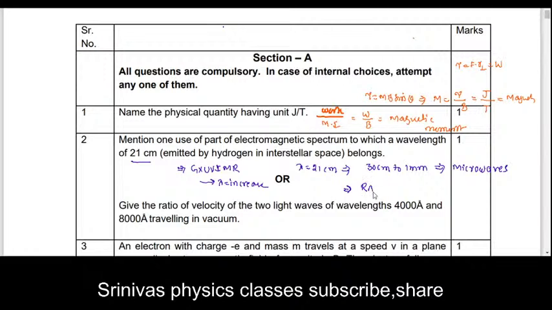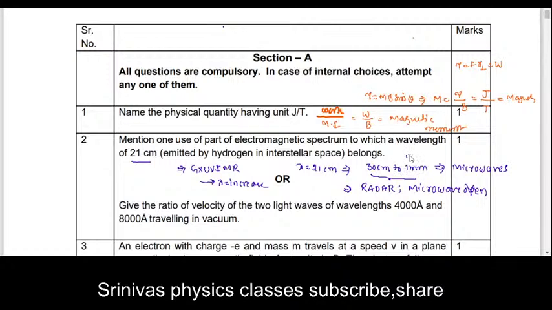Radars, and we also use them in microwave ovens. This is the correct answer. They are asking about 21 centimeter wavelength radiation, and 21 centimeter wavelength will come in this range. This is 30 centimeters to 10 to the power of 1 millimeter. How many centimeters?